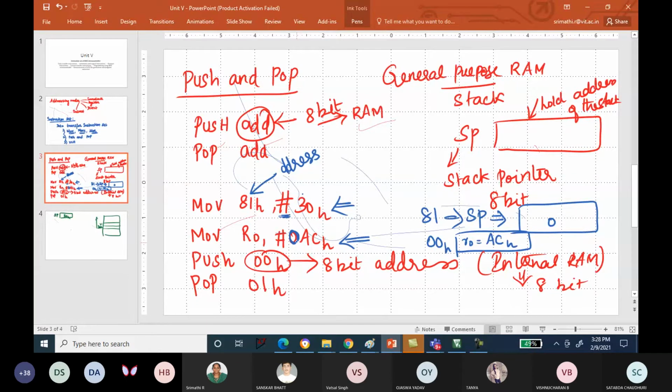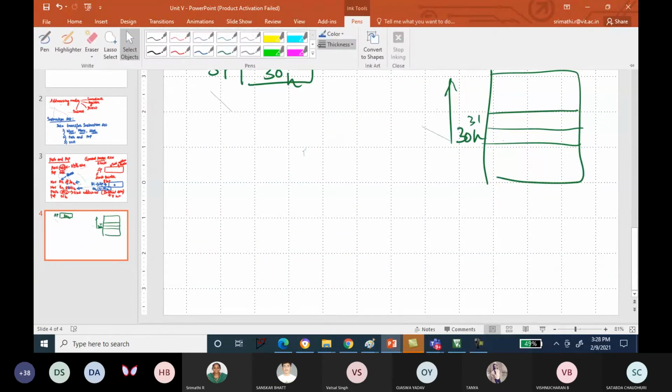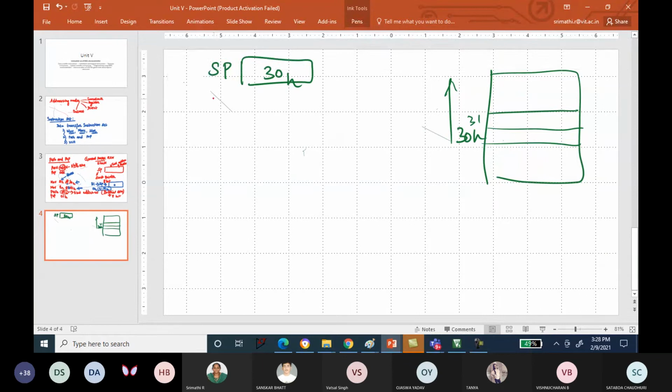The next instruction is PUSH 00H. As of now we know that the stack pointer has 30 and R0, at address 00, has AC. The meaning of push is that you are going to push the data into the stack.